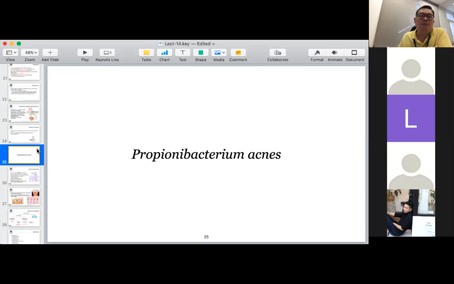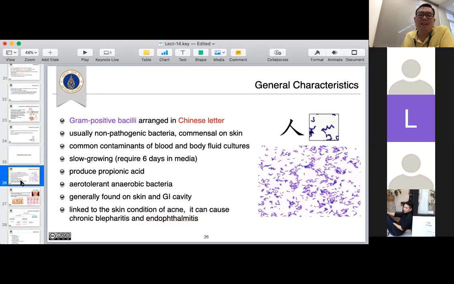The second one is Propionibacterium acnes. It sounds like acne. What do you think about? It is pimple, right? The causative agent of pimples, also a gram-positive bacillus arranged in Chinese letter pattern. I mean, one side of a cell is attached to the side of another cell. Some English textbooks say the arrowhead pattern, some say V shape, L shape, whatever.